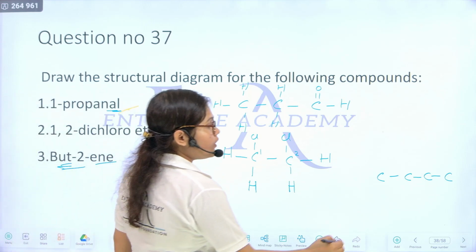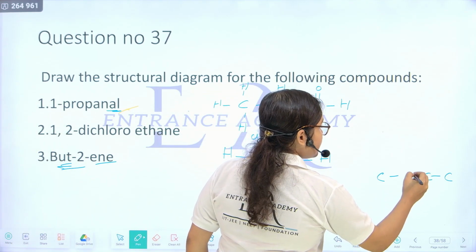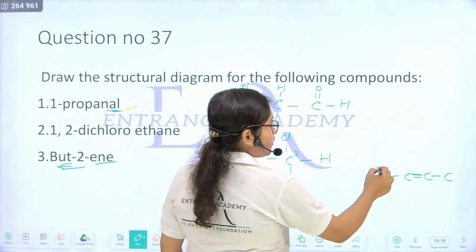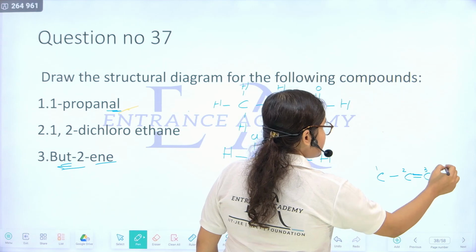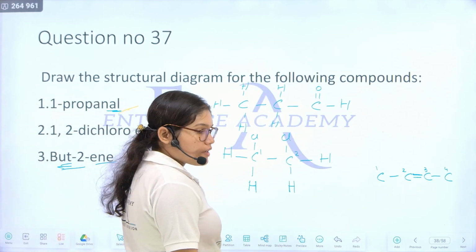So but-2-ene has the alkene double bond at the second carbon, and the rest are hydrogen.